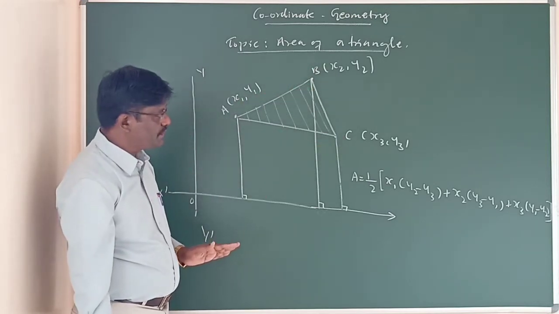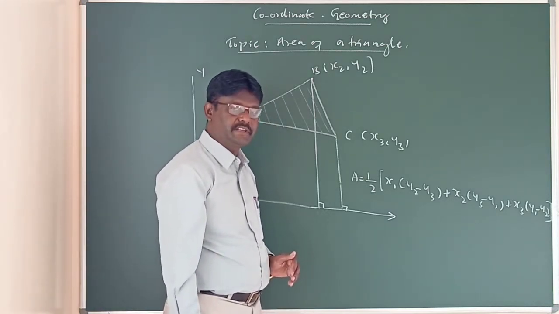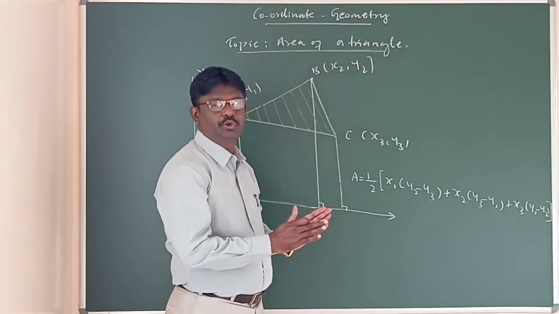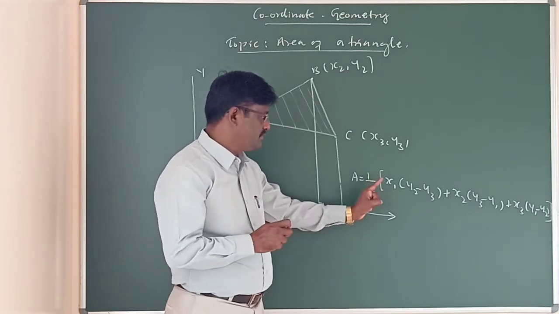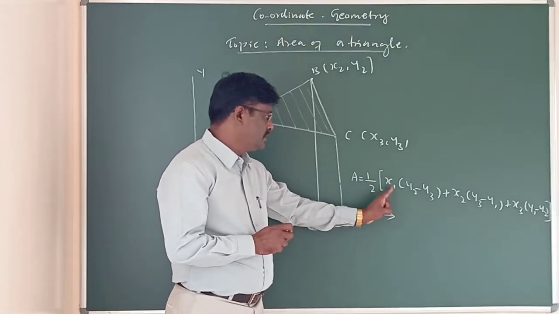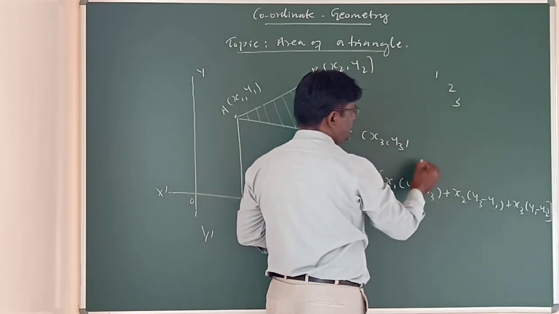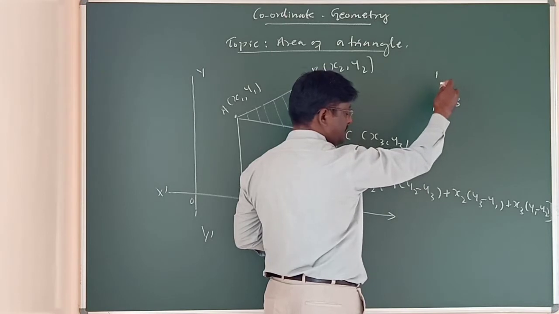How to remember it? It looks like a lengthy one, but it is quite easy, just like the previous section formula. Here also, if you know x1, it's enough. Here we find one thing, that is cyclic: 1, 2, 3, then 2, 3, 1, then 3, 1, 2, and like that it repeats.